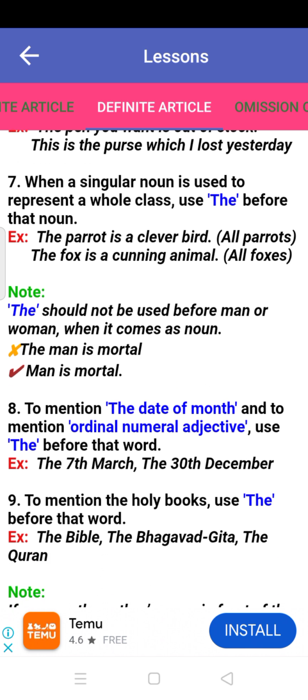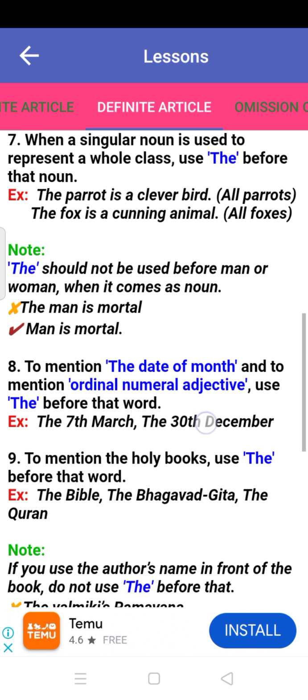Example: the parrot is a clever bird. So it is referring to all parrots. The fox is a cunning animal. So this sentence is referring to all foxes in the world.